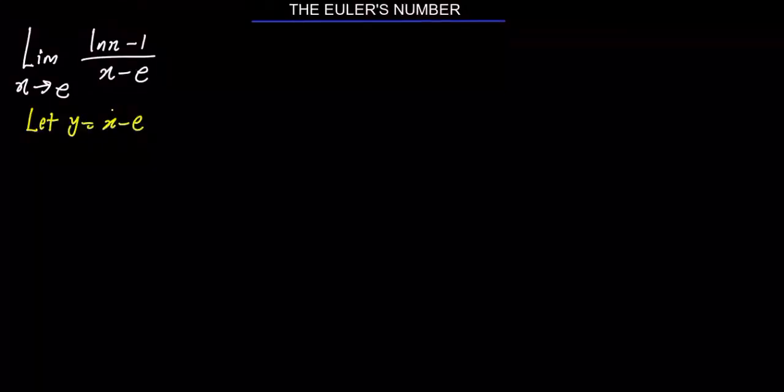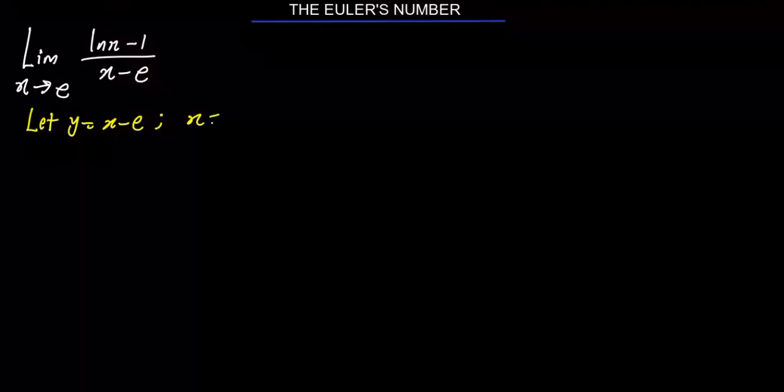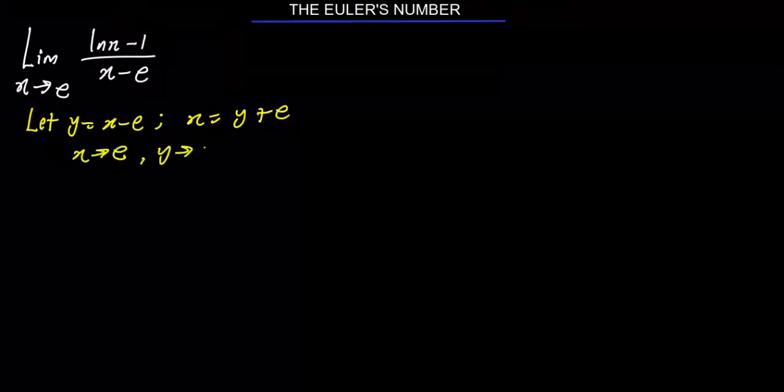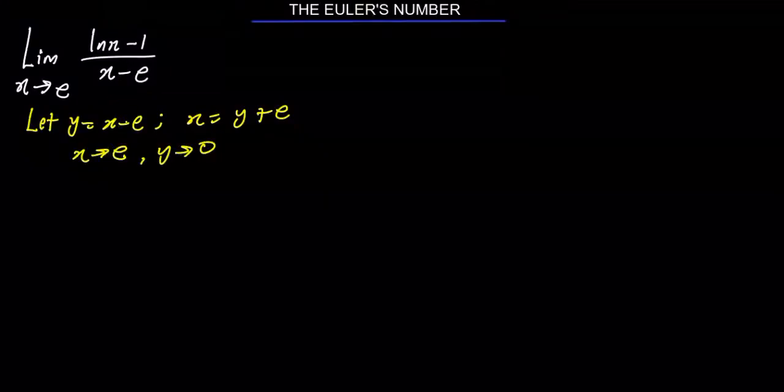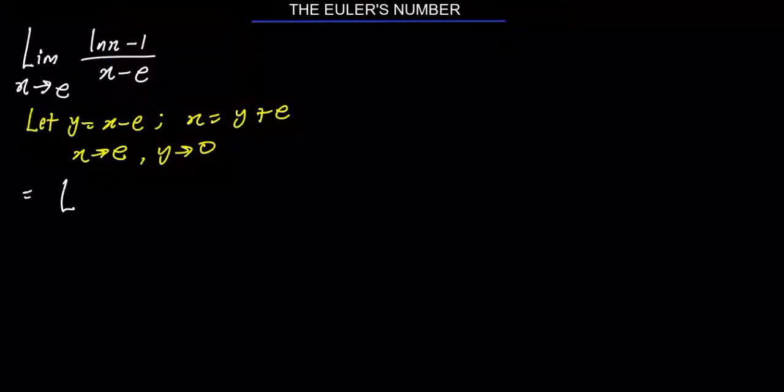So it means that x will be equal to y plus e. Next, change your limit. As x tends to e, y will tend to 0. You observe, e minus e is 0.